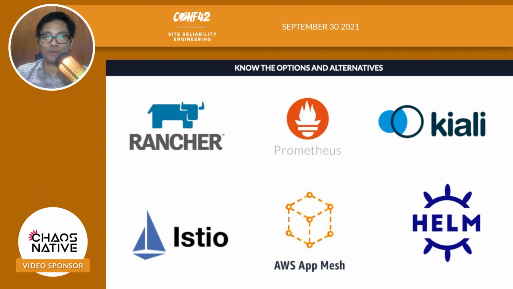The next tip would be knowing the options and alternatives. On the screen, we will see some of the possible tools that we can use with Kubernetes. Let's say we have Rancher, we have Prometheus, we have Kiali, we have Istio, we have AppMesh, and we have Helm.